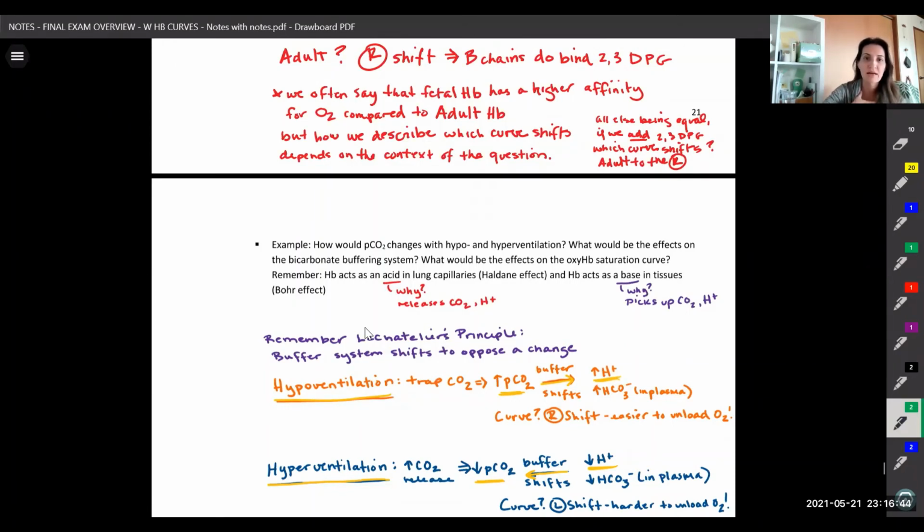And just keeping in mind that when we say that hemoglobin acts as an acid in lung capillaries, why do we say that? Well, it's because the hemoglobin is releasing CO2 and dissociating those hydrogen ions. That way it's acting like an acid. And in the tissues, we say hemoglobin acts as a base because it's taking hydrogen ions out of solution.